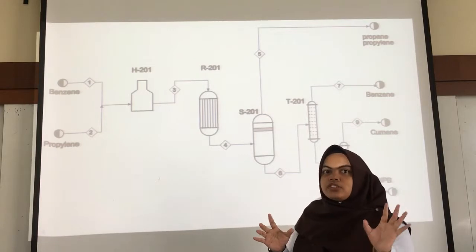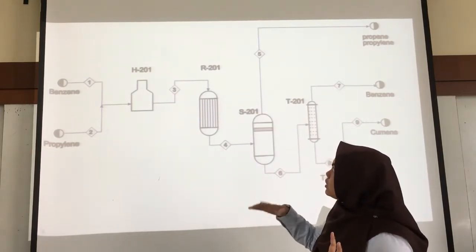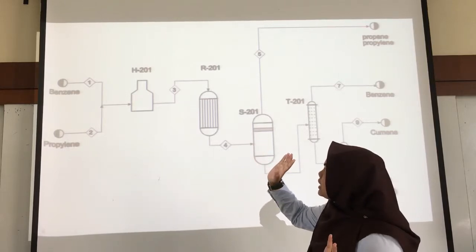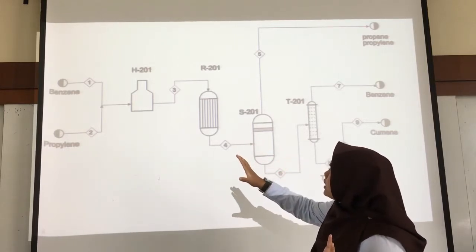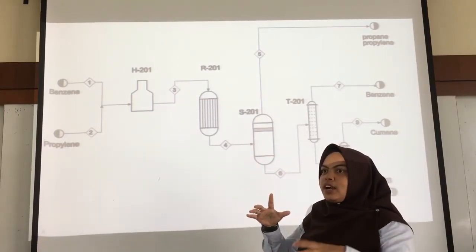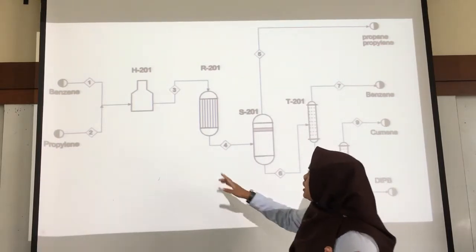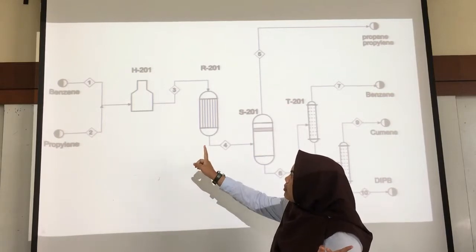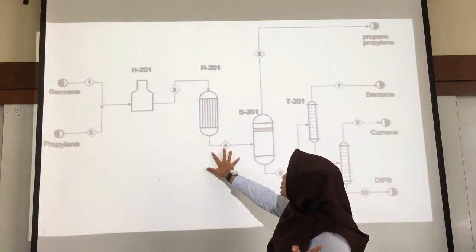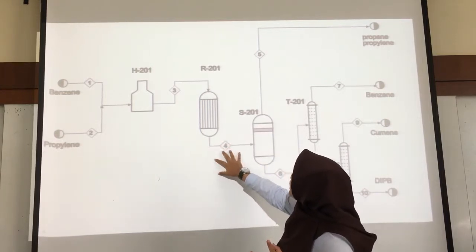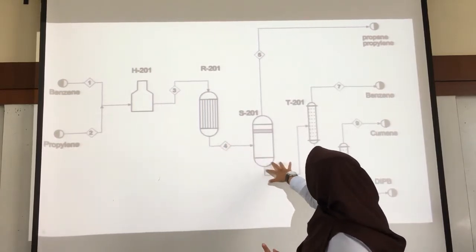It goes from the storage tank to H201, a heat exchanger, and then the catalyst, which our third moderator will explain later on. The catalyst helps the benzene and propylene mix in the reactor tank, and then it goes to the separator.